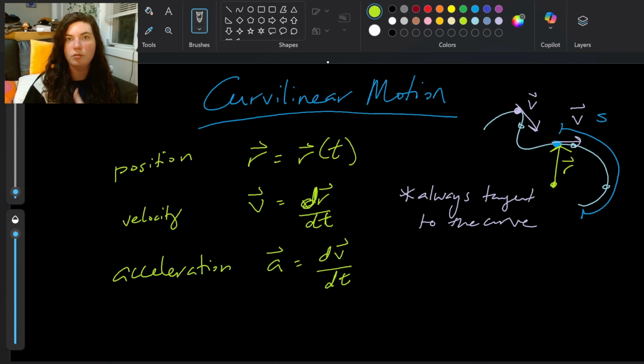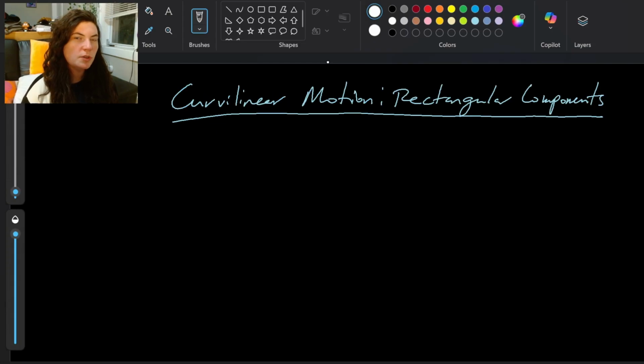And so in this video, we're going to look at probably the simplest and maybe the one that is most intuitive, and that'll be our rectangular coordinates. So when we're talking about things in rectangular coordinates or rectangular components, what does that really mean? That's really just going to be our very basic x, y, z coordinate system of talking about things.